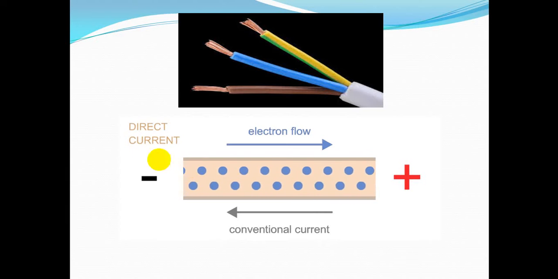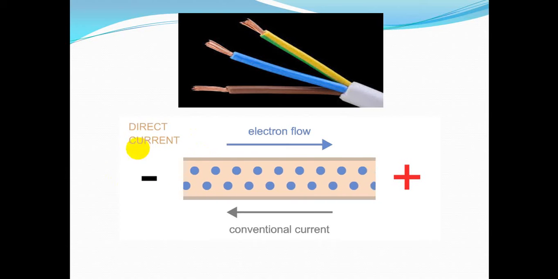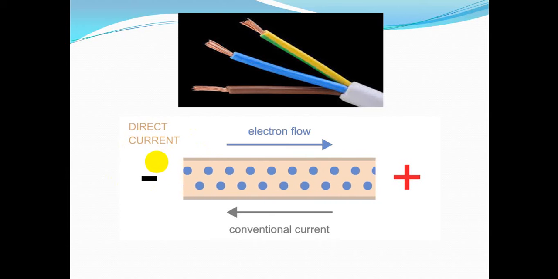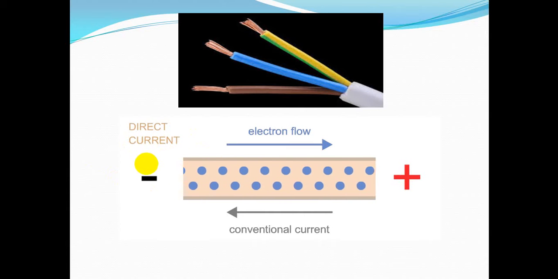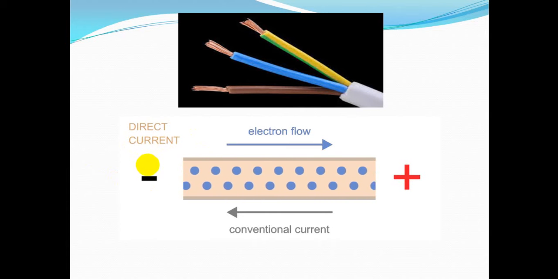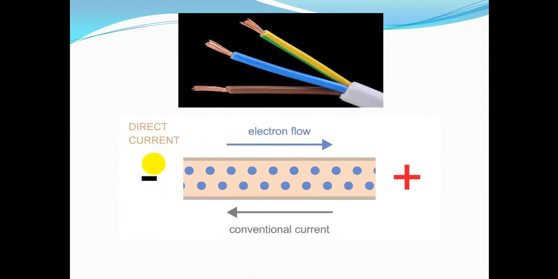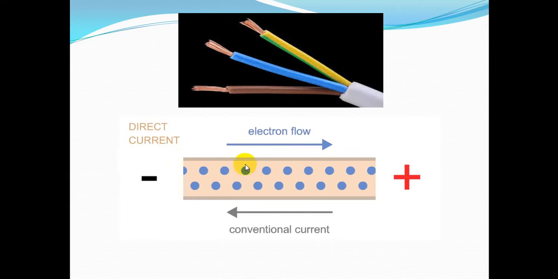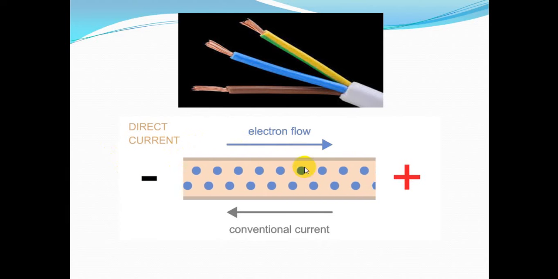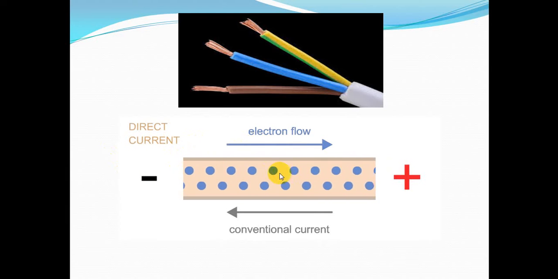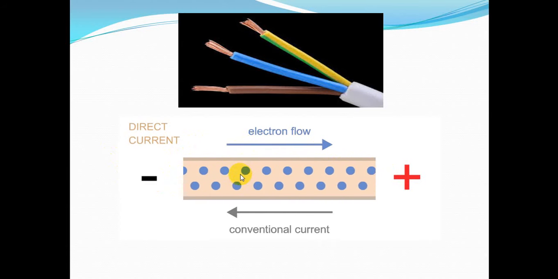The cause is the attraction. Look at this picture here again. Because there is attraction, the electrons flow from the negatively charged end to the positively charged end, like this picture. So this is the direct current here. It's called electric current.